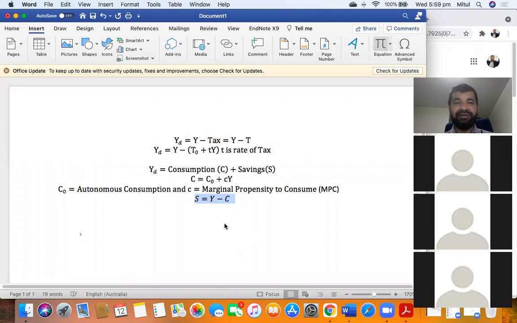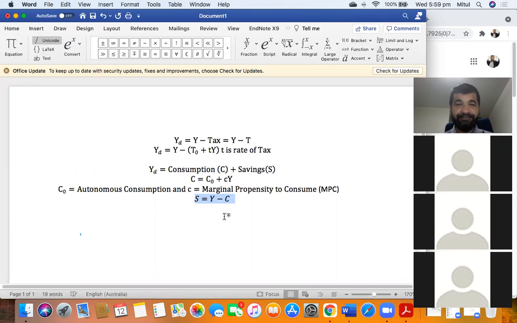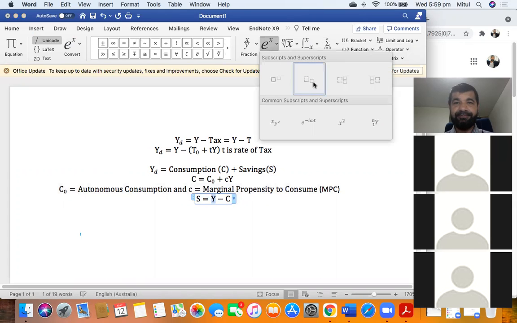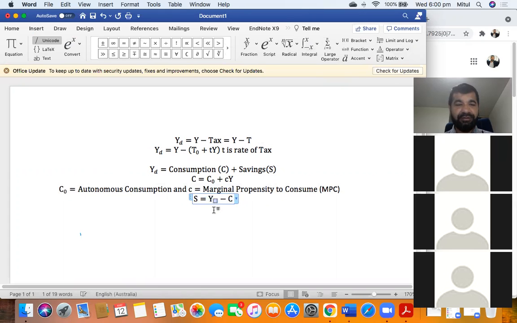Inserting the equation, your savings is equal to your disposable income YD minus your total consumption C. Total consumption consists of C0 plus cY.